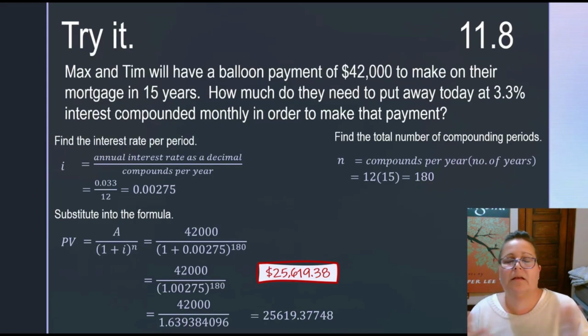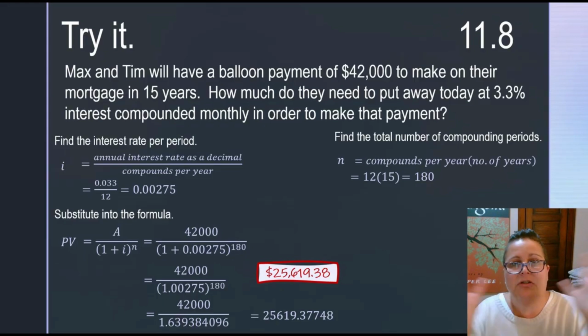What does this mean? Well, I don't know if you're familiar with a balloon payment in a mortgage, but we'll give you a quick overview. When you do a mortgage, you generally make regular payments, right? Monthly or whatever. If you choose a mortgage with a balloon payment, you're saying to the bank, I want you to artificially lower my mortgage payment.